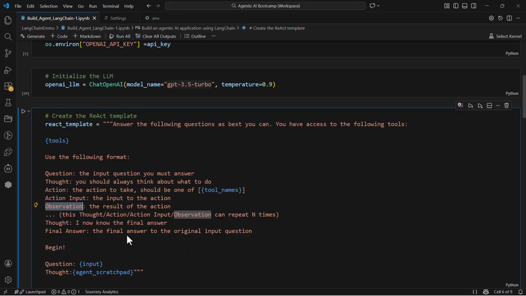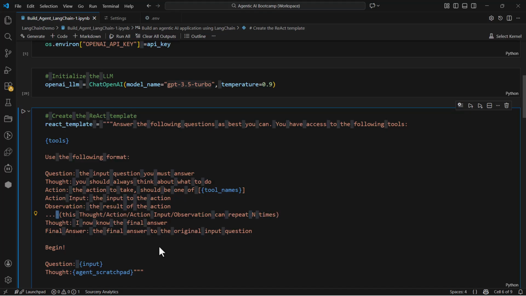And if you see here, this thought, action, action input or observation can repeat n times. Thought will be I now know the final answer, once you think you know the final answer to the original input question, whatever question we asked. So once the agent thinks that is the final answer, then you come out of the execution. The agent repeats n times until it finds the final answer.